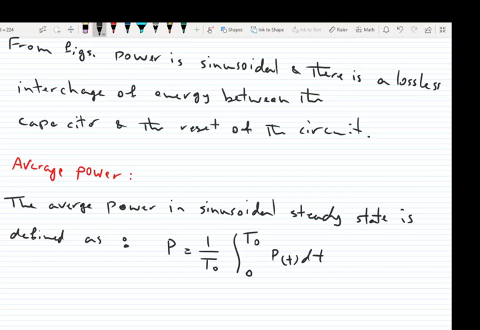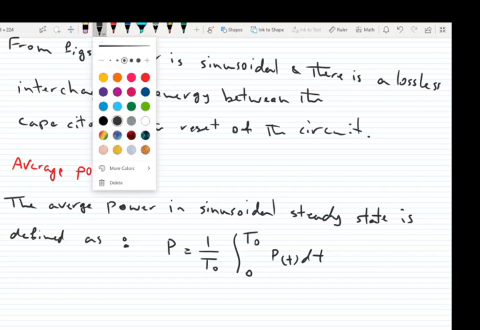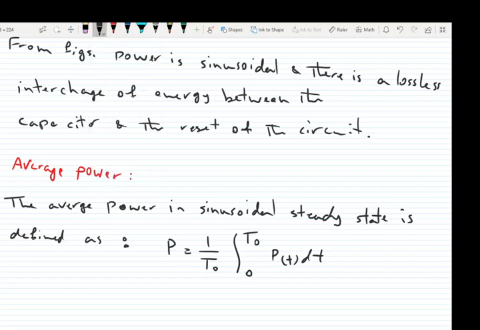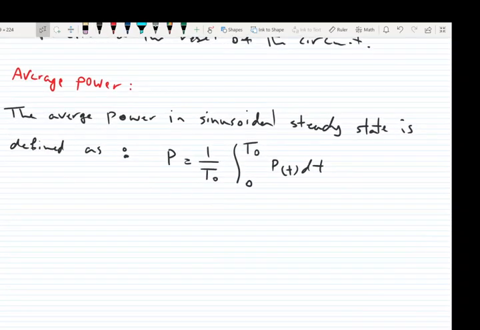We know that for any sinusoid signal, the average is equal to 0. Why? Because the area under alternate cycles cancel.